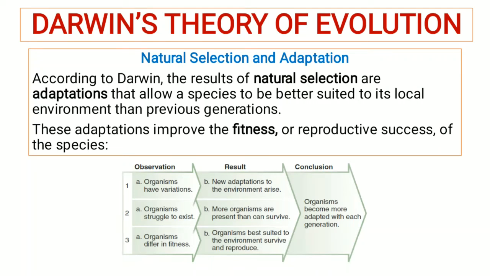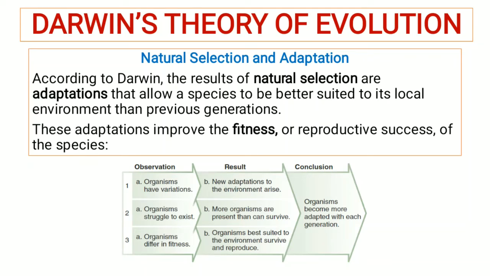First of all, organisms have variations, and these variations enable them to adapt to the environment, or if the environment changes, these variations enable them to adapt to that changed environment. Next, organisms struggle to exist.